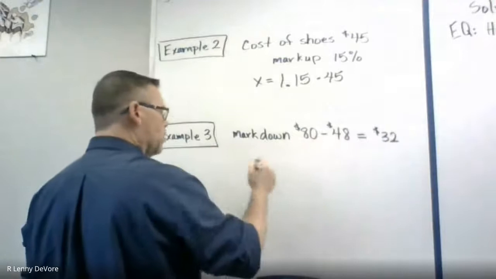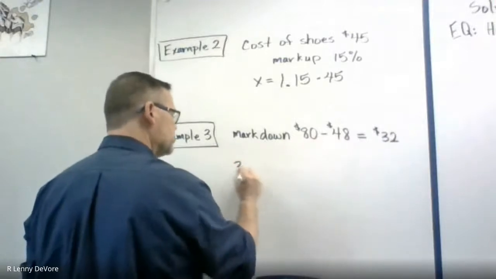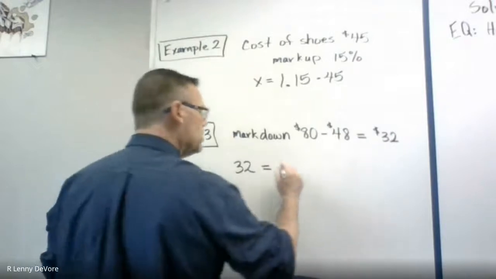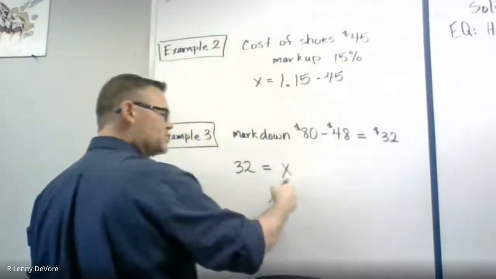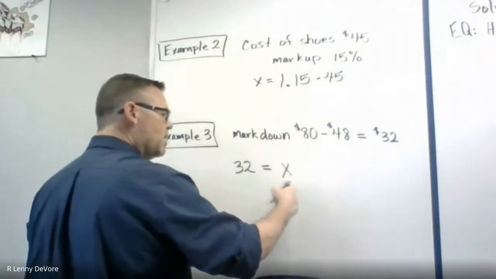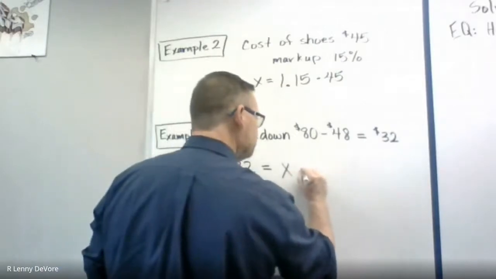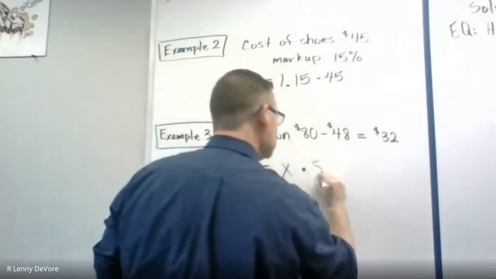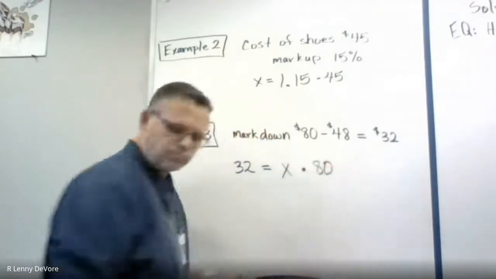That becomes our markup or markdown. So in other words, the $32 is going to come here. This is going to equal X. Now you got to remember, this is a percent. We don't know what percent that is yet. And then we have to actually multiply that by the cost. Now in this case, the cost is the $80.